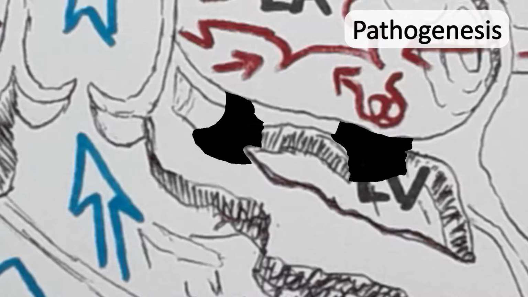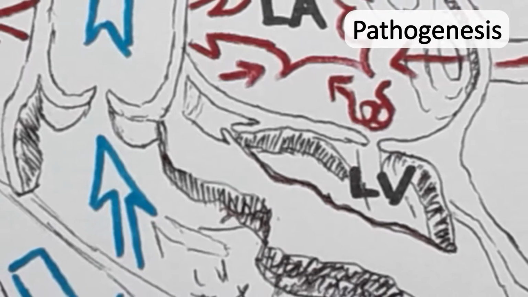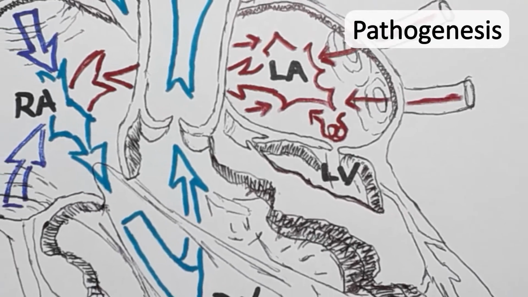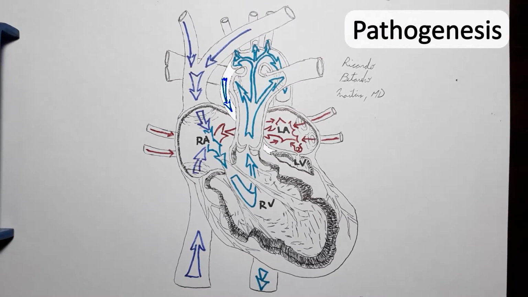valve atresia. If we lose the mitral valve, for example, if it doesn't form, then blood has no way of getting into the left ventricle from the left atrium, and if blood doesn't fill the left ventricle, it is not going to grow. This also explains why the ascending aorta is also likely to be hypoplastic, because blood isn't being pushed into it, at least not the correct amount.